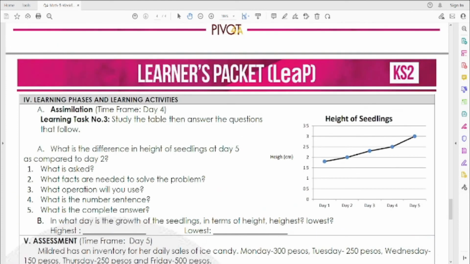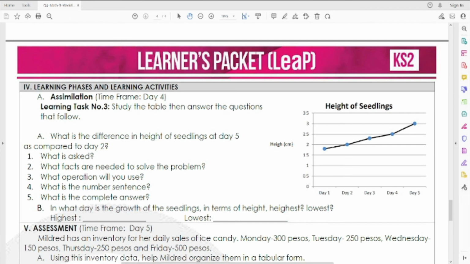And draw a graph. Okay, for our learning task number 3, study the table then answer the questions that follow. This is the table, our title, height of seedlings. Then for the y-axis, 0 to 0.5 interval, day 1, day 2 till day 5. Let us answer. What is the difference in the height of seedlings at day 5 as compared to day 2? Day 5 here and day 2 is here.